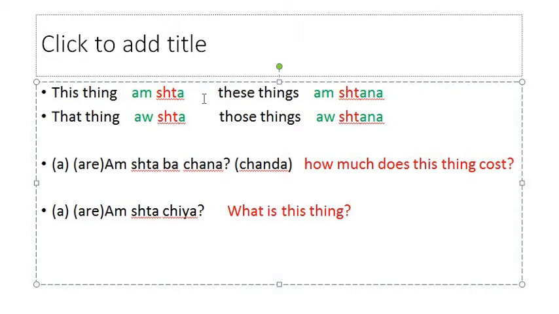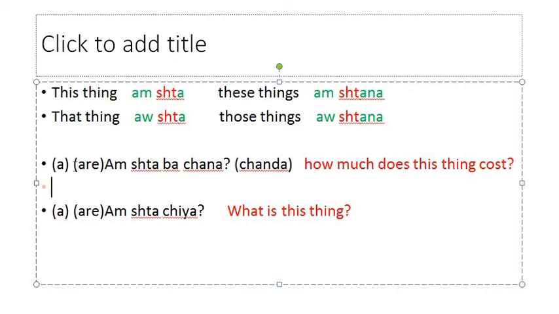And if I say these things, shtana. If I say that thing, I would say shta, and if I say those things, I would say shtana. Let's read it again. Shta, this thing. Shta, that thing. Shtana means these things. Shtana means those things.